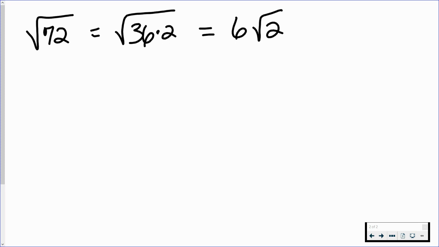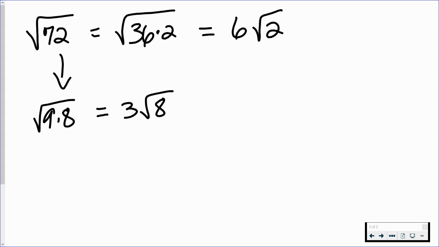Now, let's say you didn't see that. Let's say you didn't notice that that's 36 times 2 and you took a longer route. We can still get to the same answer. Let's say you looked at this and said, well, 72, I know that's 9 times 8. Well, square root of 9 is 3, and then that would leave the 8 inside the square root.